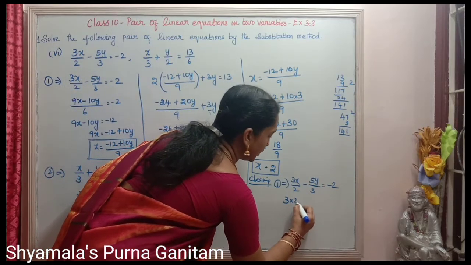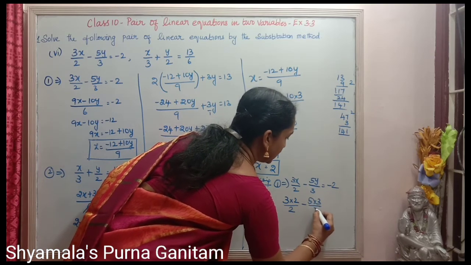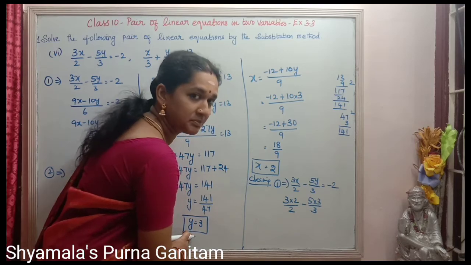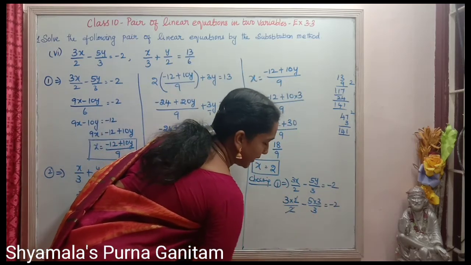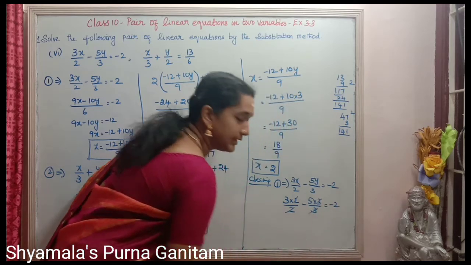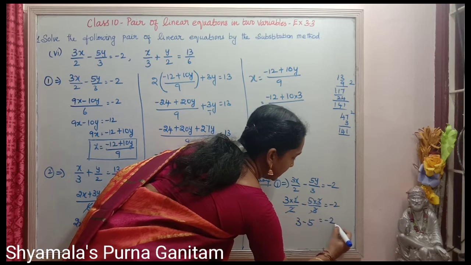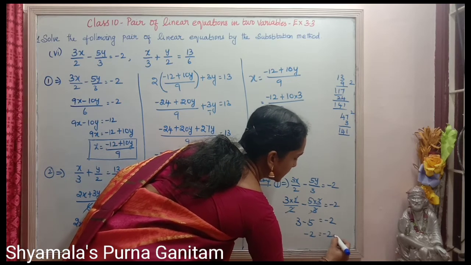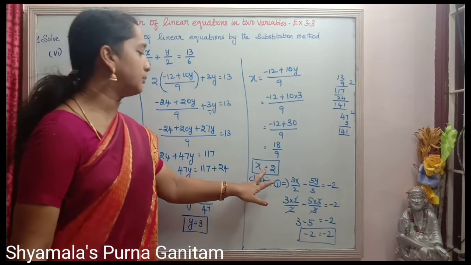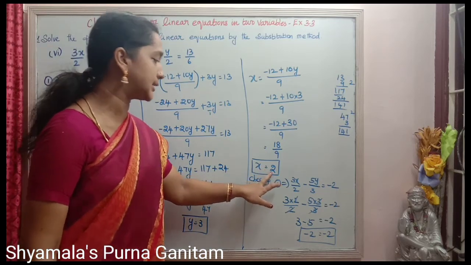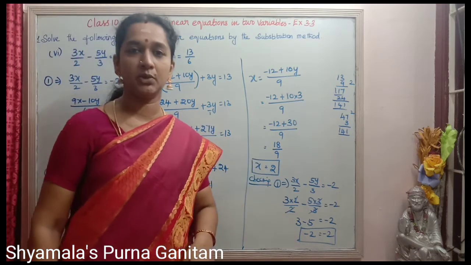So 3 into 2 by 2 minus 5 into 3 by 3, 3 is my y value. So when I simplify, this 2 will get cancelled and this 3 will get cancelled. So 3 minus 5, I will get minus 2 is equal to minus 2. Okay, so I got x value as 2 and y value as 3 for the given equations.